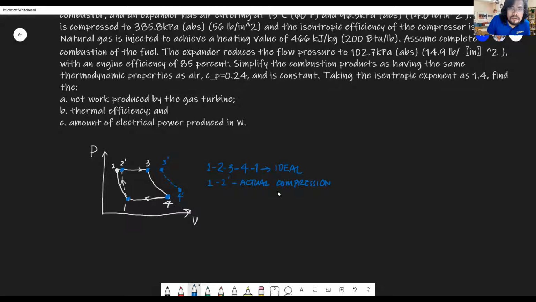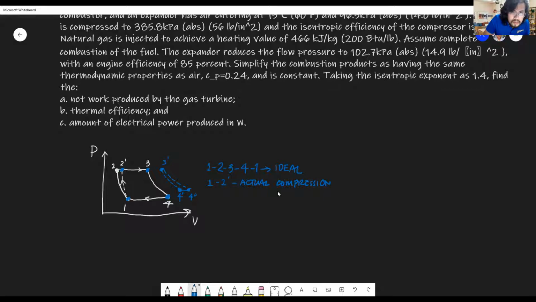All right, now we have an expander, and it has its own efficiency. Now we will have to adjust this to a 4 prime. That would be our actual, because there's a thermal efficiency involved.